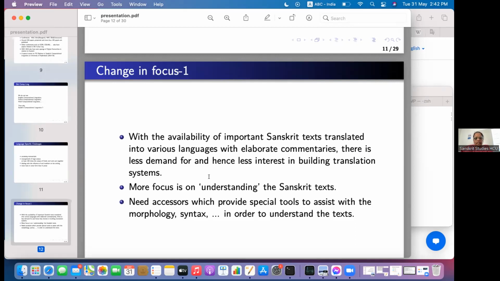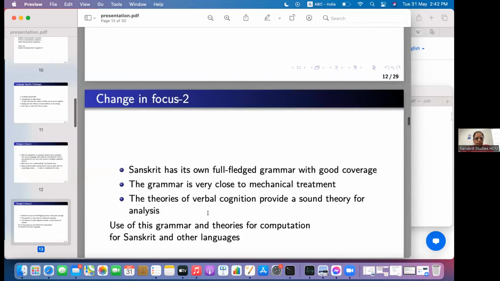We are interested in understanding the original Sanskrit text, and therefore what we need is access to morphology and syntax, assistance to understand them so that we can understand the original text. So there is a total change in focus when we deal with Sanskrit texts computationally.